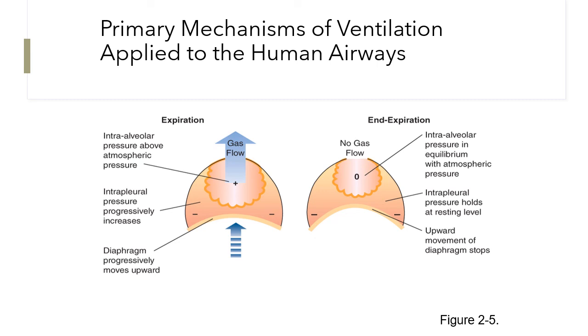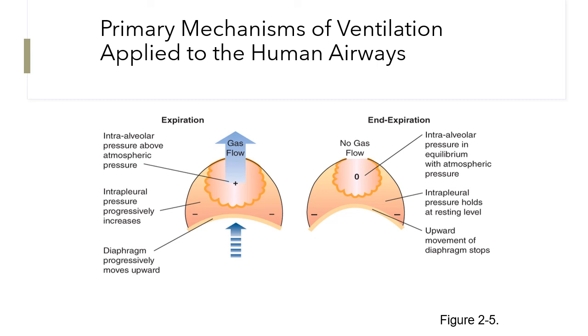This mechanism causes a pressure gradient or pressure difference between the intraalveolar pressure and the atmospheric pressure. Since that's true, gas from the alveoli moves through the tracheobronchial tree out to the atmosphere.